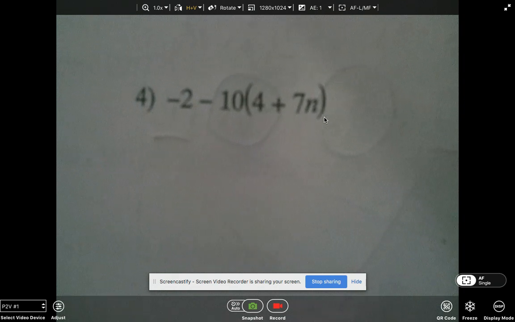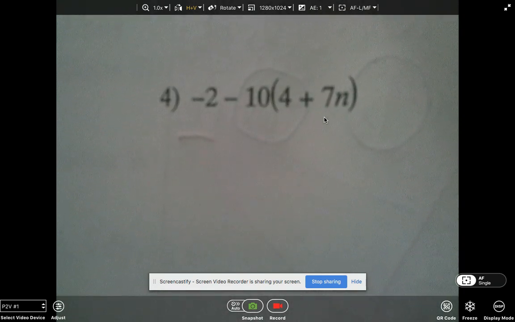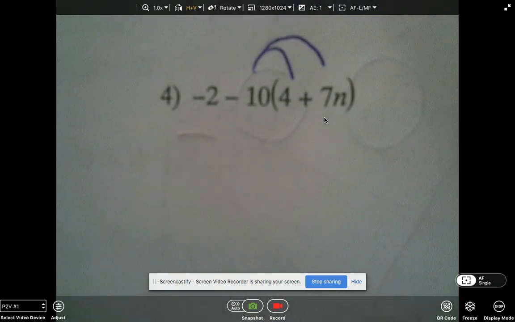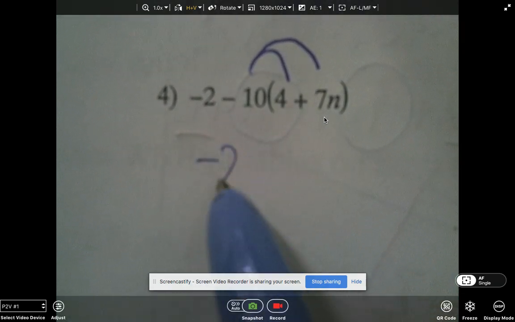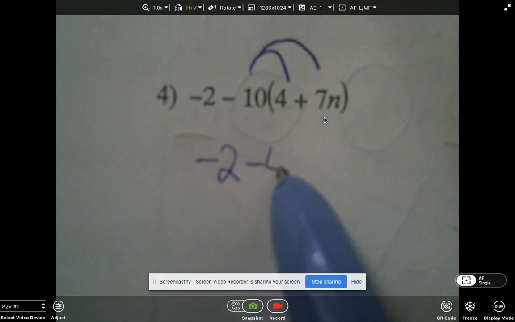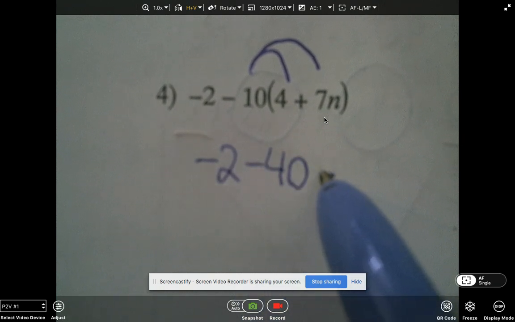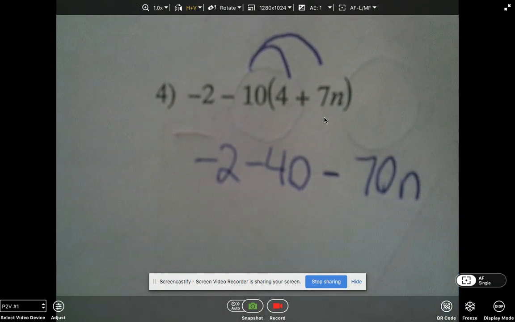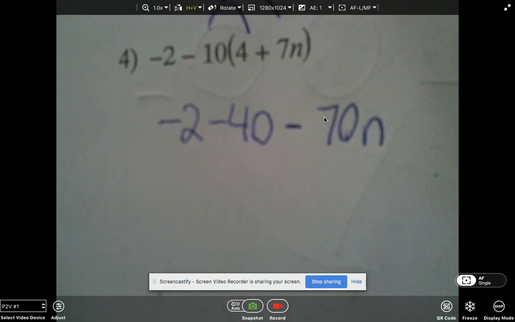Number 4, now we have distributive property and combining like terms. But I put this one on purpose because you can't forget to distribute that negative 10 to the inside. Raise your hand who wants to distribute that negative 10. So you get negative 40 minus 70n. And then there's only 2 things I can combine.